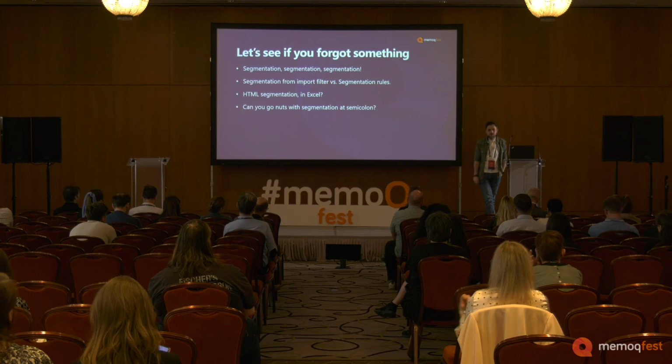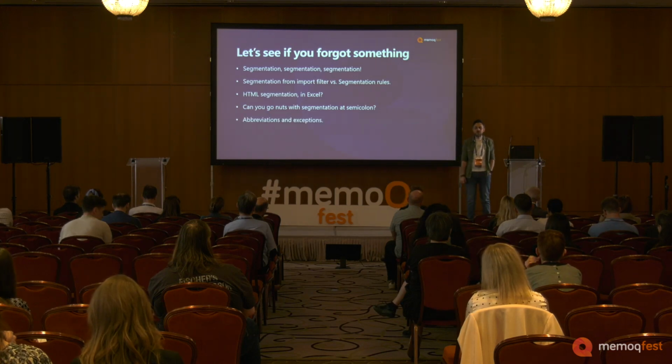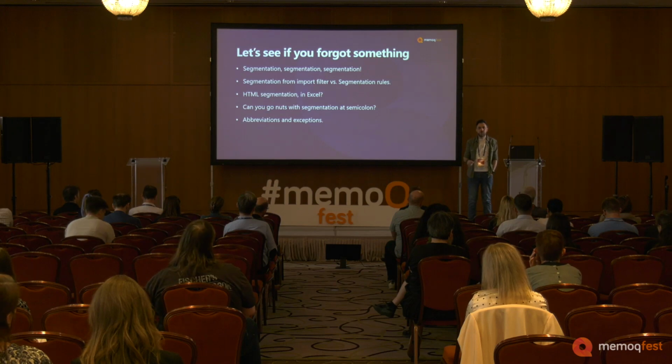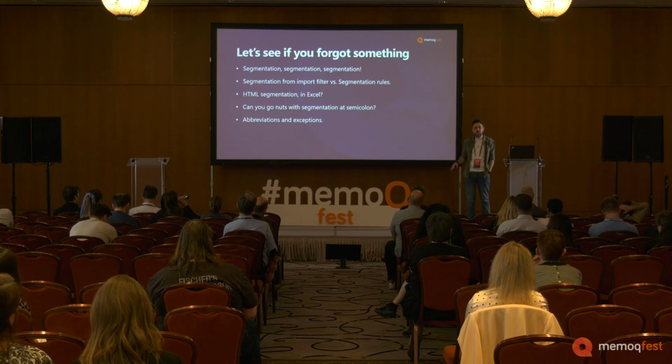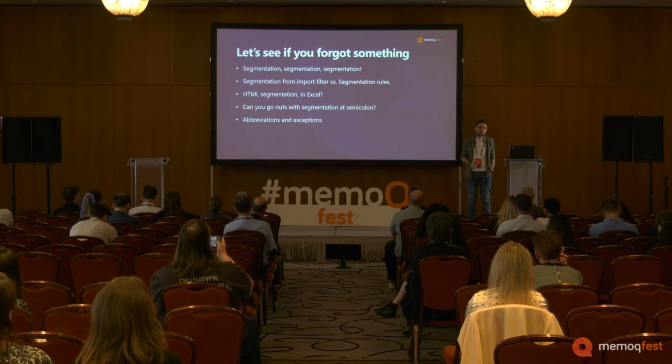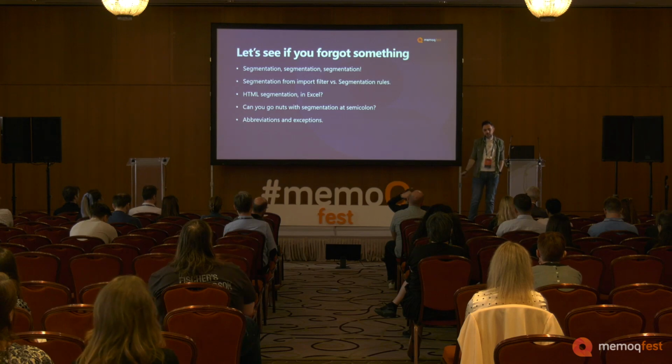What's the worst that could happen? And whenever you have abbreviations, exceptions, try and add them to your list. Don't just join the segment and say, okay, I'm fixing it on the spot. Add it in a notepad file, in anything, just to do it afterwards, because it will save you time moving on.